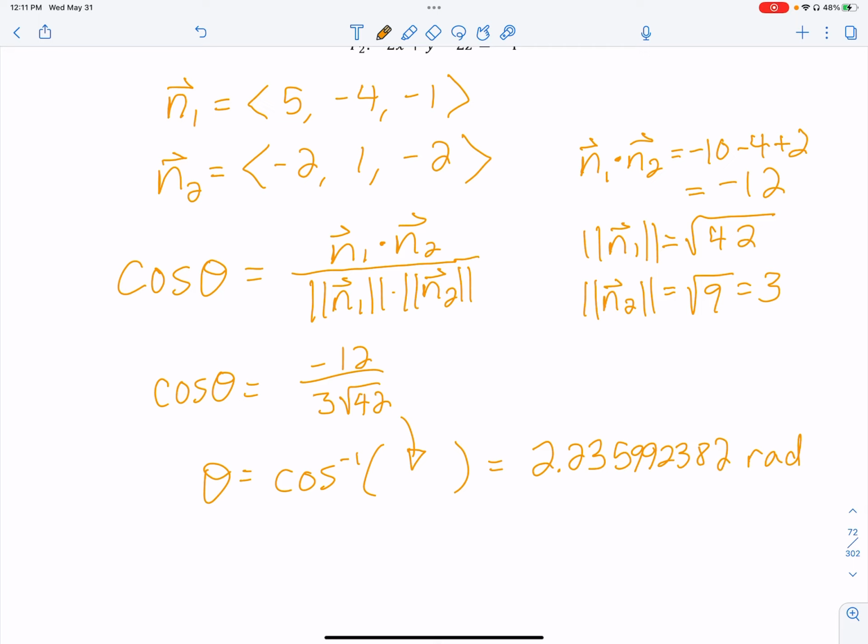That's radians. I want to go to degrees, so I'm going to multiply by 180 and divide by pi. My bad. Hold on. Let me do that again. Messing up on my calculator.